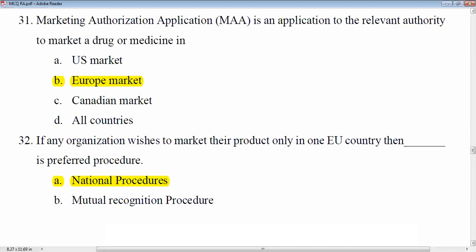Option A is US market, option B is Europe market, option C is Canadian market, option D is all countries. So the correct answer is Europe market. Marketing Authorization Application MAA is an application to the relevant authority to market a drug or medicine in the Europe market.